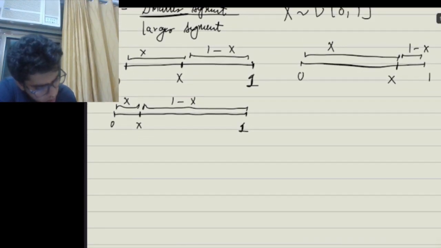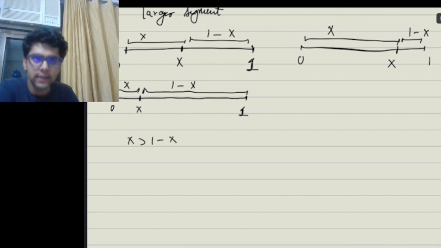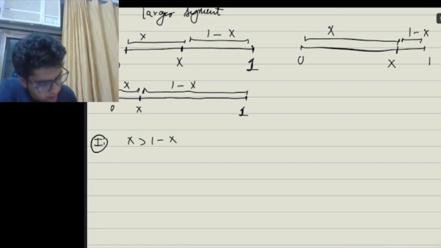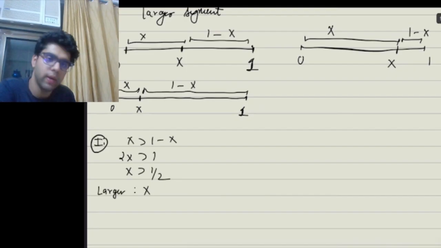So when will x be greater than 1 minus x? That is, the larger segment would be x, the first case, when x is the larger segment. This would happen when 2x is greater than 1, that is x is greater than half. So whenever x is greater than half, our larger segment would be x, and the smaller would be 1 minus x.